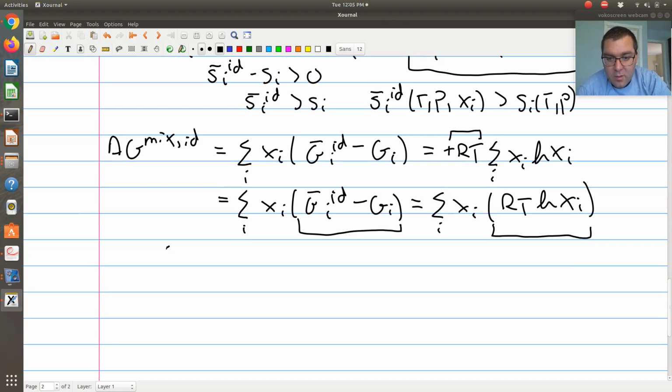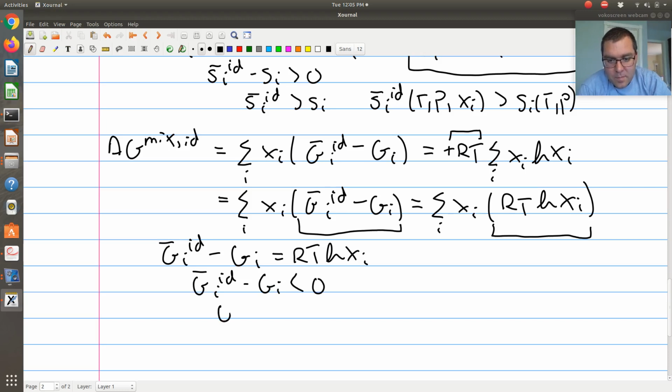So G bar I ideal minus Gi is equal to RT log Xi. Now we can play the same game too. Xi is going to be less than 1, so log Xi will be negative. So G bar I ideal minus Gi is going to be less than 0, so G bar I ideal is less than Gi.